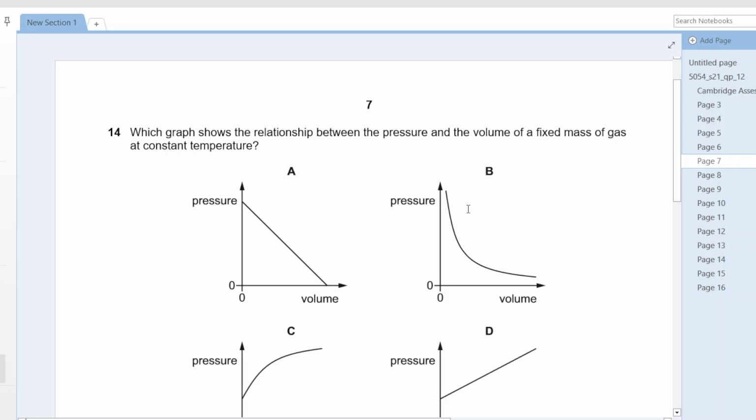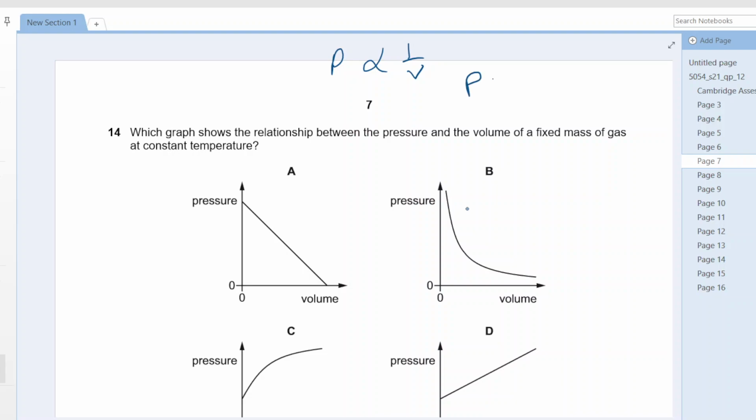At question 14, which graph shows the relationship between the pressure and the volume of a fixed mass of gas at constant temperature? It is actually Boyle's law, and Boyle's law describes that pressure is inversely proportional to volume, where temperature is kept constant.